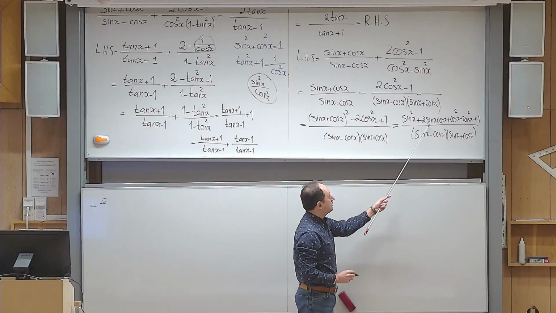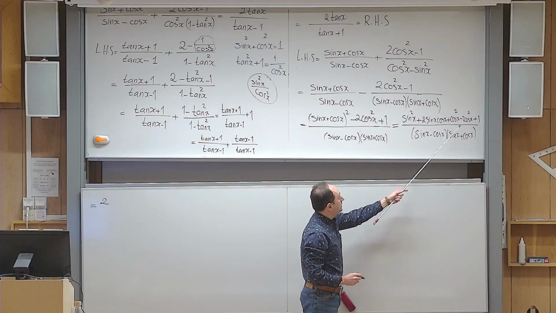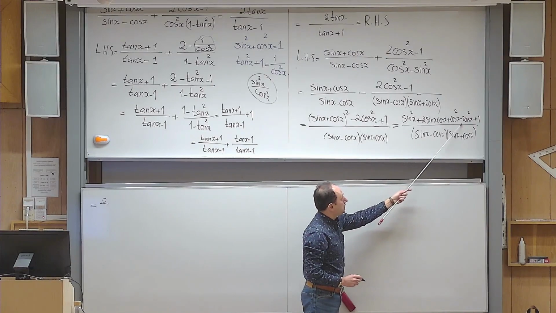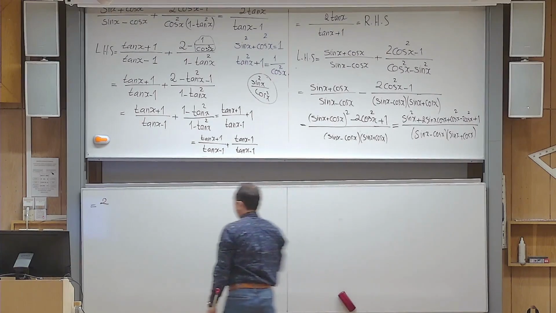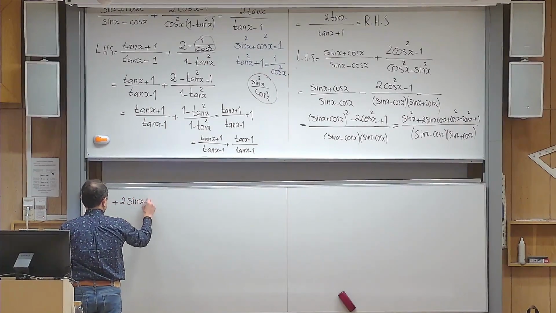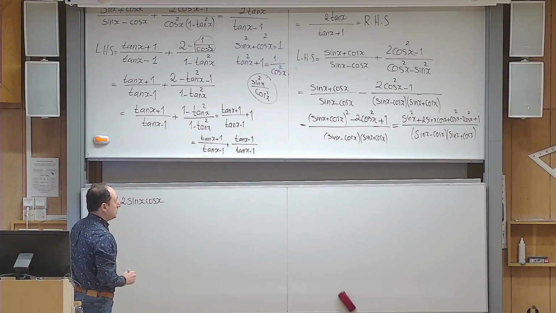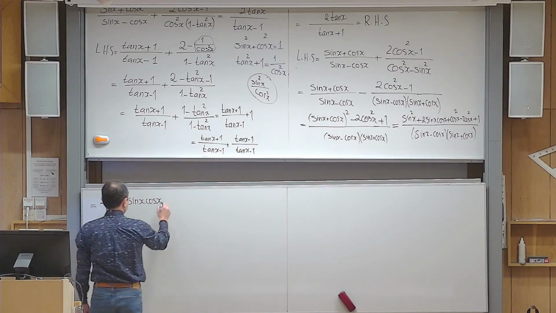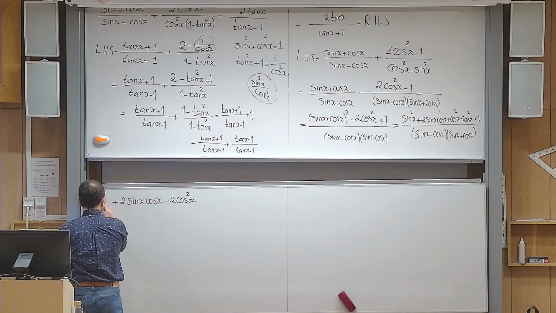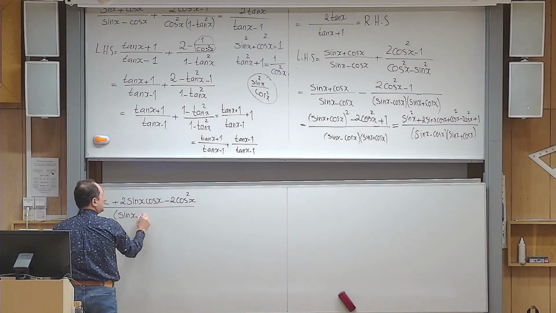And then I have this term and that term. So this is 2 sine x cosine x minus 2 cosine x squared. Divided by, I copy and paste the denominator.